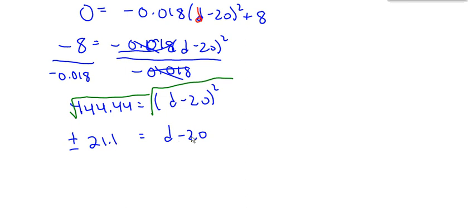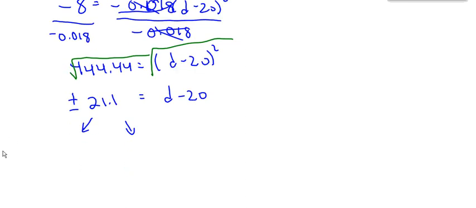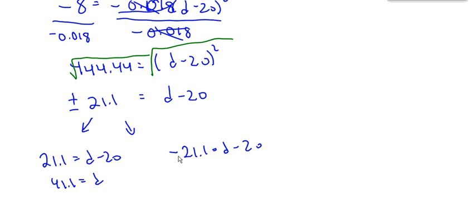And then finally, I'm going to be able to add 20. But I have to be careful. I have two different numbers here, so I'm going to write two different equations. Positive 21.1 equals d minus 20, and negative 21.1 equals d minus 20. And then add 20, I get 41.1. Add 20, and I get negative 1.1.